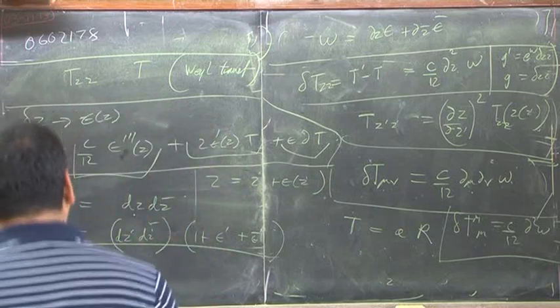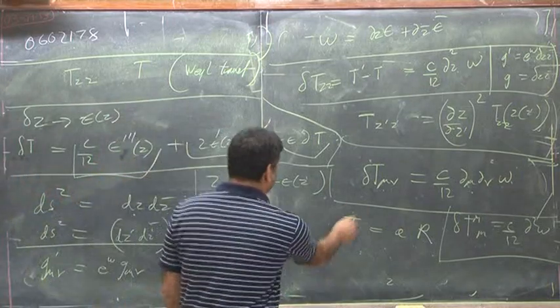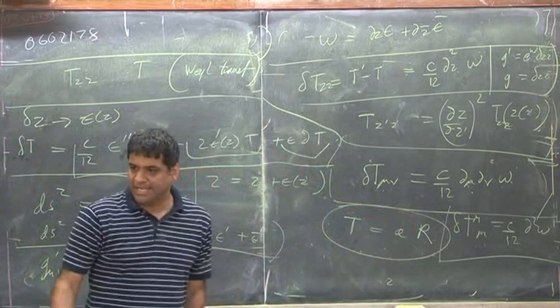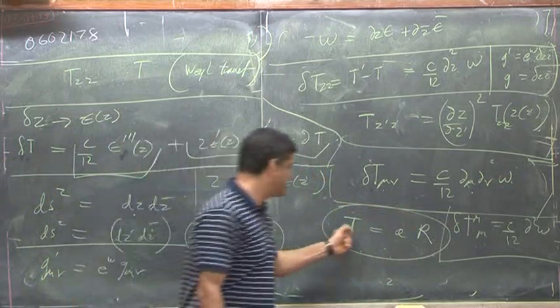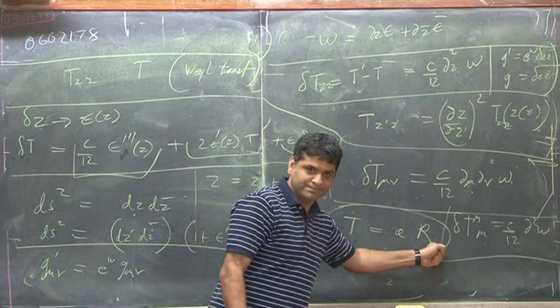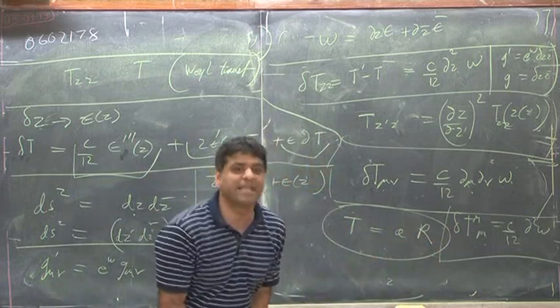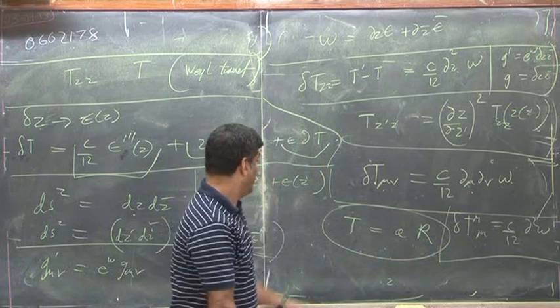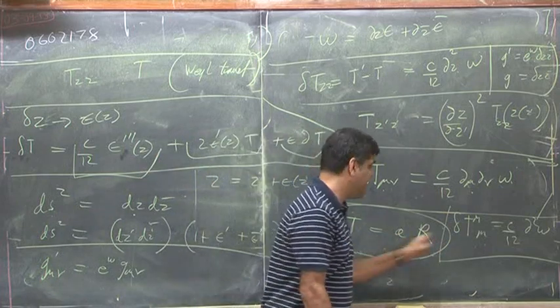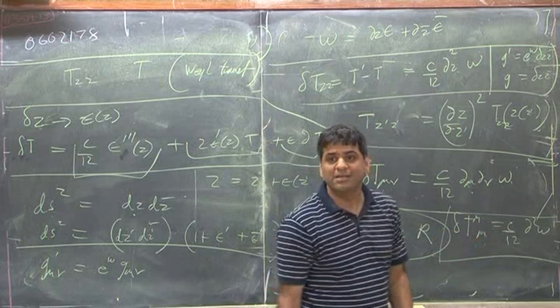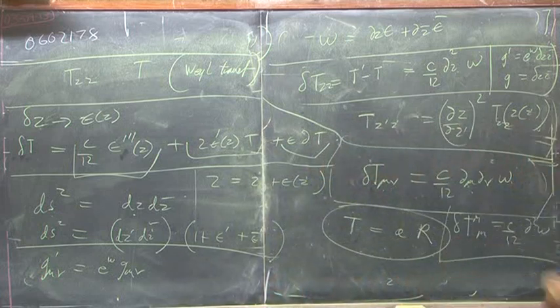But independently we know that the trace of the stress tensor here is A times scalar curvature. What we want to do is to fix what this A is in terms of C. So all we need to know is how the scalar curvature changes after the Weyl transform.